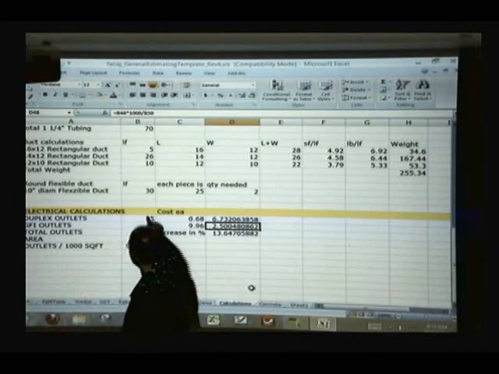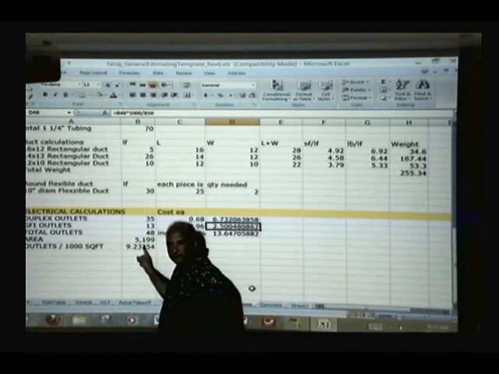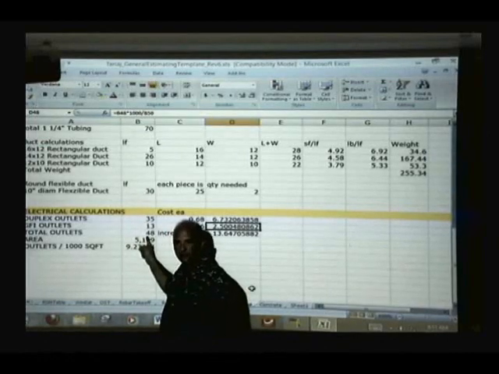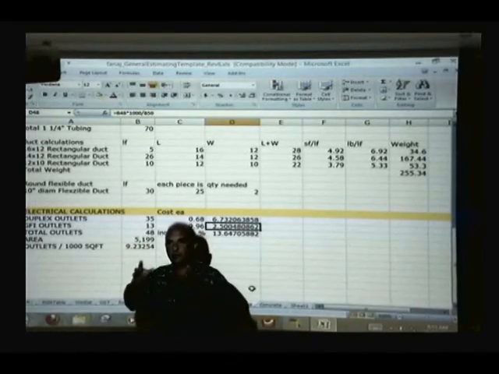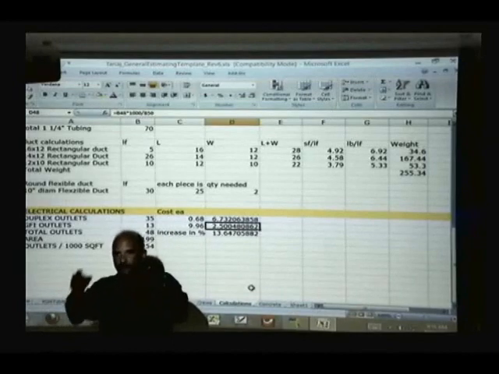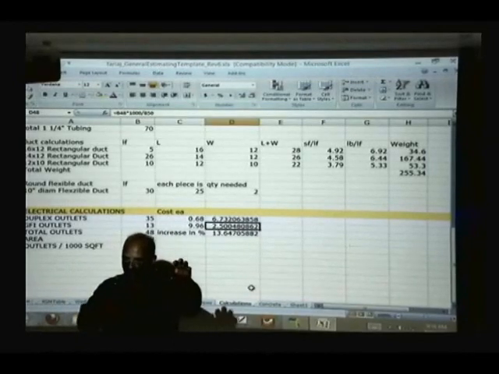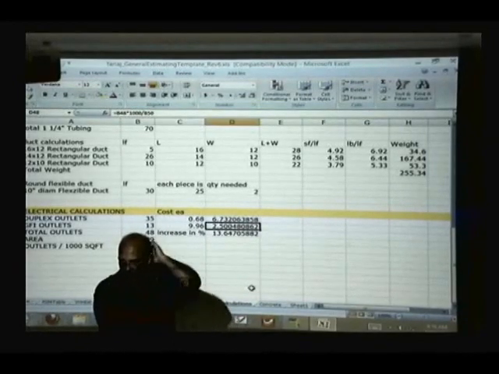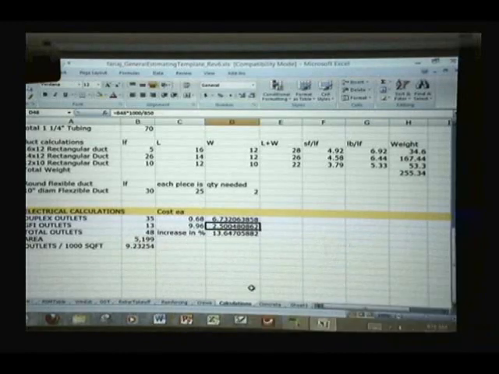Instead of adding them together and dividing by 5,000, each of these you divide by 5,000. So you get the number of outlets per square foot separate, GFIs and duplex, okay? So the calculation is basically take the count and divide it by the area.